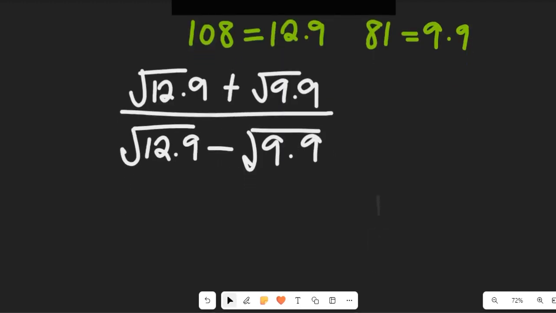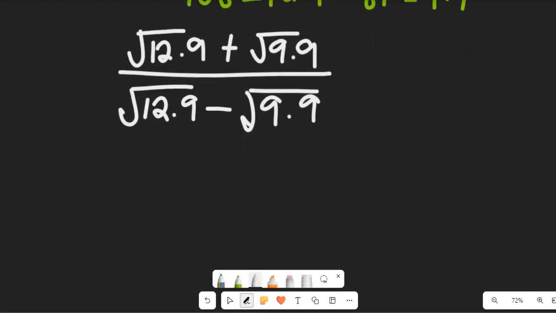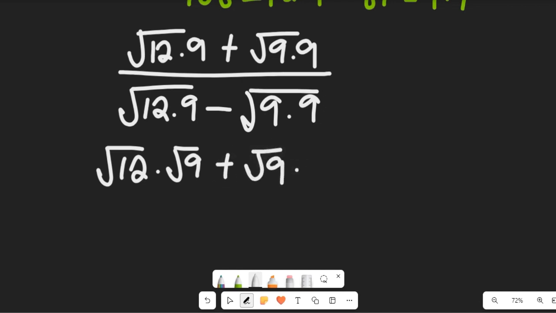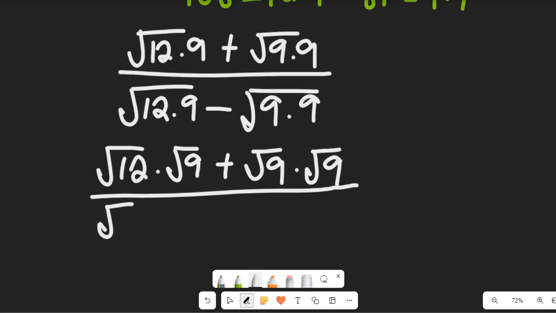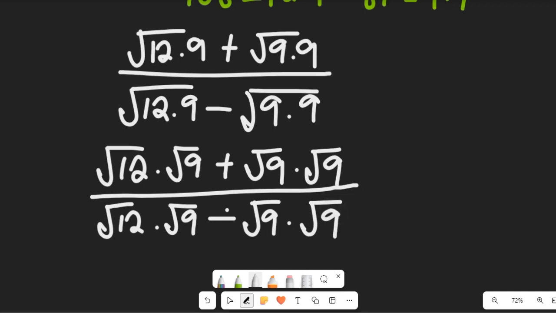If we separate this, we have the square root of 12 multiplied by the square root of 9 plus the square root of 9 multiplied by the square root of 9, all divided by the square root of 12 multiplied by the square root of 9 minus the square root of 9 multiplied by the square root of 9.